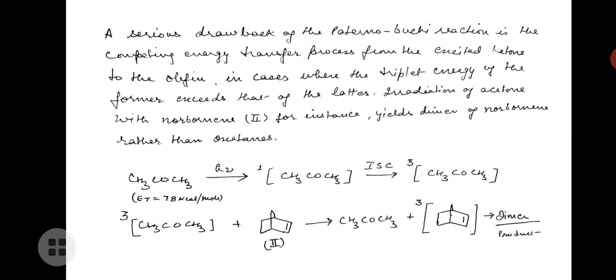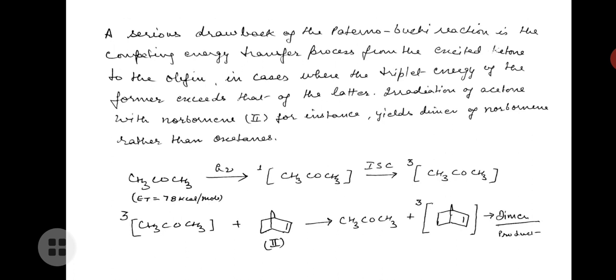However, when a ketone having lower triplet energy is used, for example benzophenone, whose triplet energy is 69 kilocalories per mole, then we get the oxetane of norbornene.